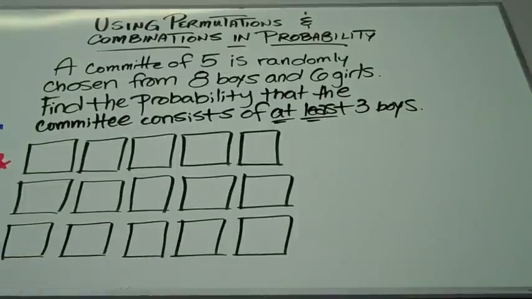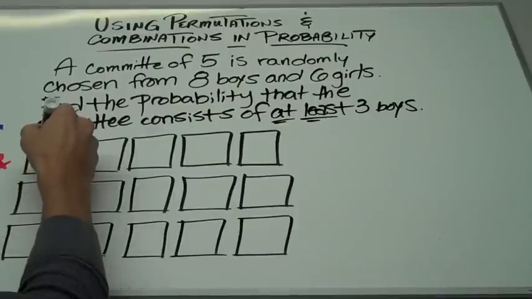Here's another example of using permutations and combinations in probability. A committee of 5, so I can only have 5 committee members, is randomly chosen from 8 boys and 6 girls. Find the probability that the committee consists of at least 3 boys.